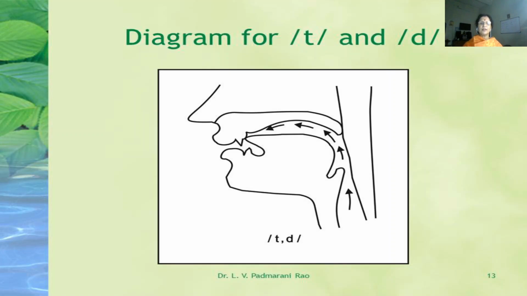So the air that is coming out from the lungs, shown in arrows, is stopped there, held within the oral cavity for some time. When the tip of the tongue, the active articulator, gets separated from the passive articulator, which is the teeth ridge, the air goes out with an explosive sound. Hence, they are plosives. Because the teeth ridge or the alveolar ridge is involved in the production of the sounds, it's called alveolar sounds. Very good.